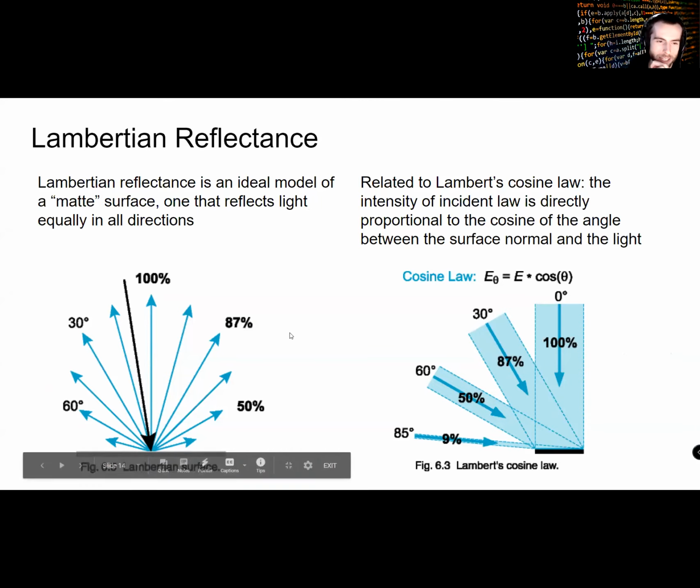So you might expect this to say 100%, 100%, 100%, because I said it reflects light equally in all directions. But the surface isn't receiving 100% of the light all the time. The amount of light that the surface is receiving depends on the angle between the light source and the reflected direction. Okay, so let's go look at that in implementation.